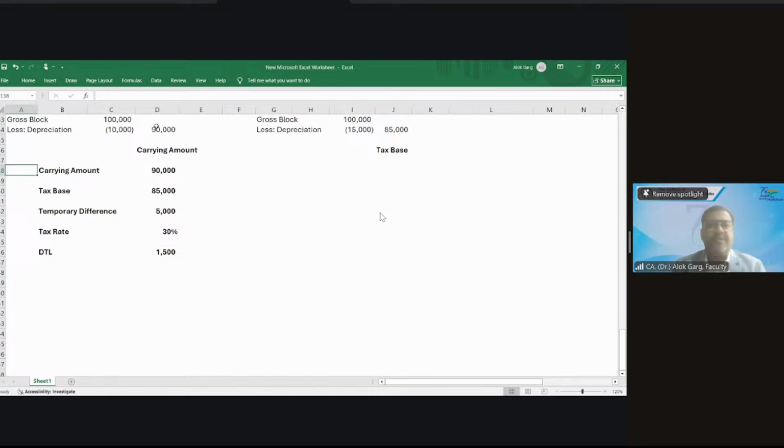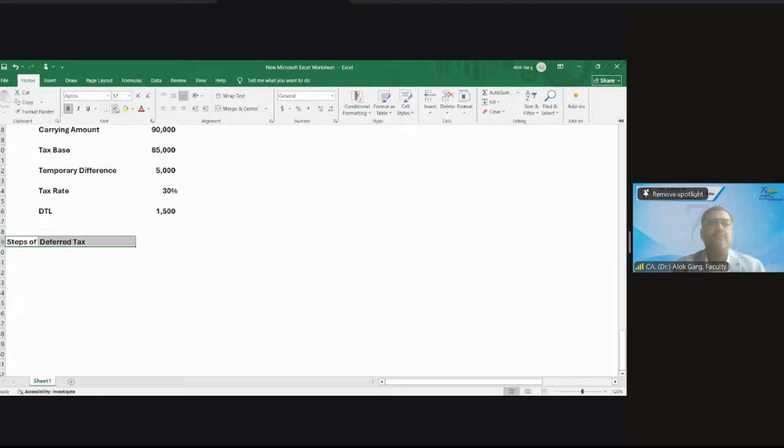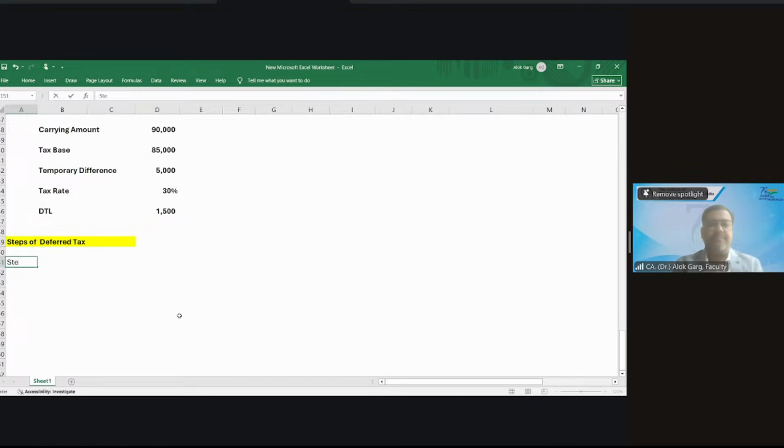So let's discuss the steps of deferred tax calculation. Step number 1: compute the carrying amount of assets and liabilities.